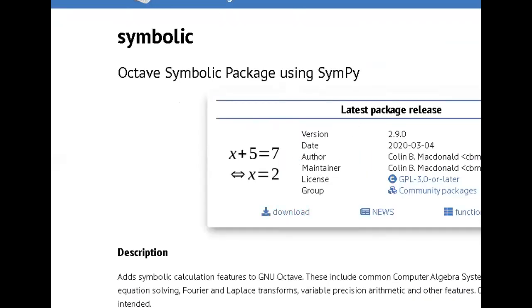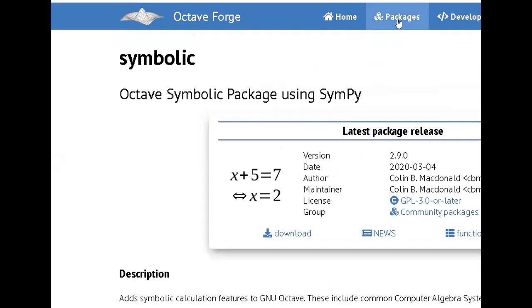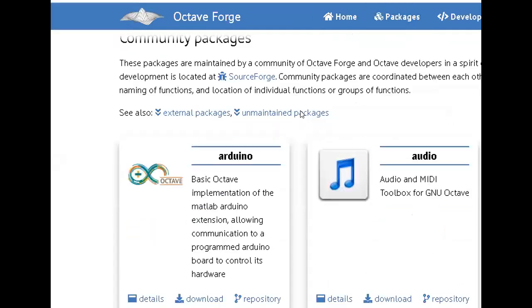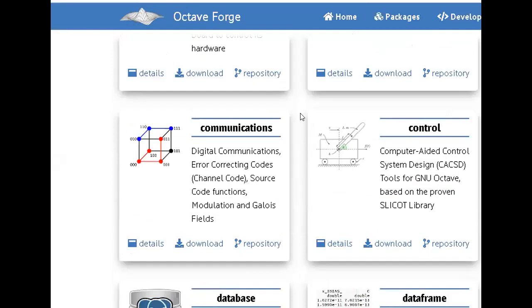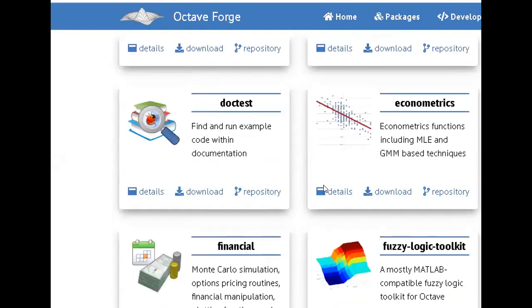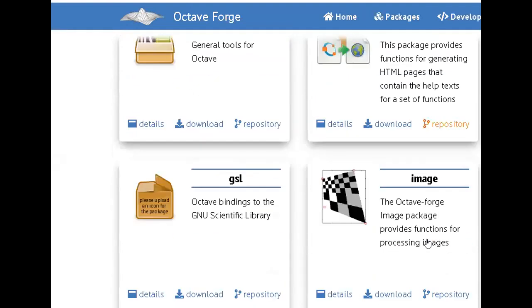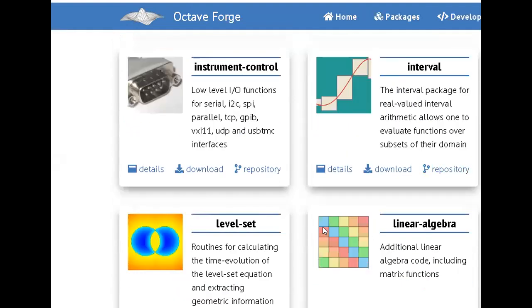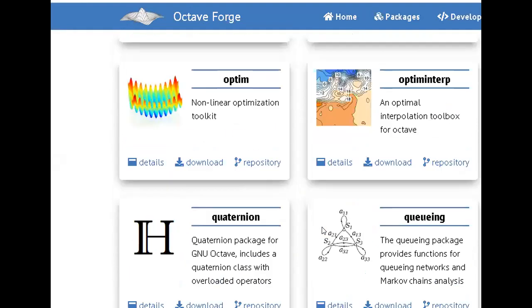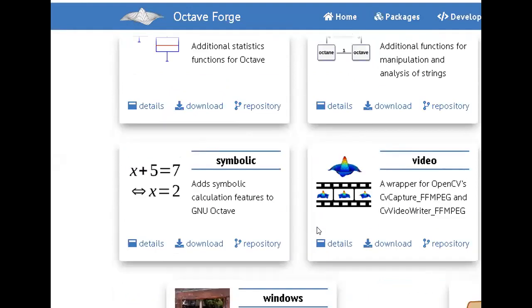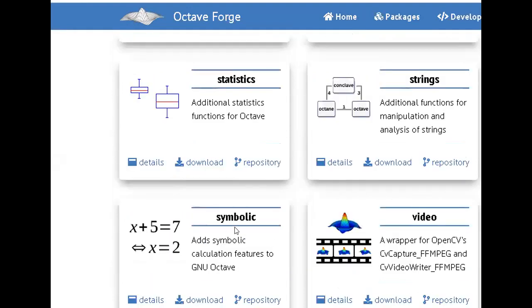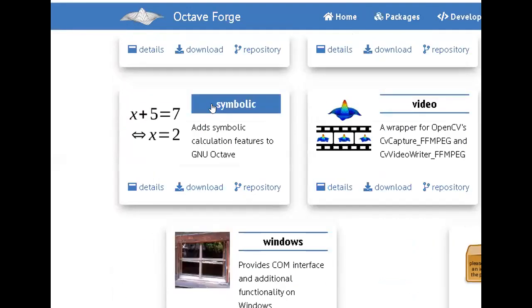There are many packages here that you can download, right? But for our purpose it is the Symbolic package, because we have to play with symbols X, Y, and Z, right?